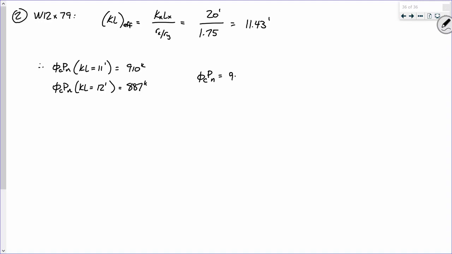So what we got? We got 910 plus, and we take our difference, 11.43 feet minus 11 feet, over 12 feet minus 11 feet. You all are experts at this, right?